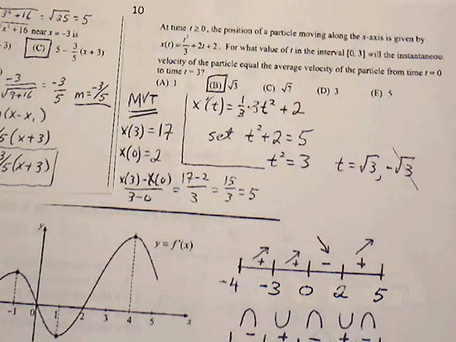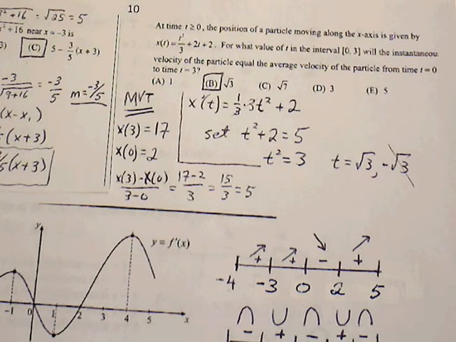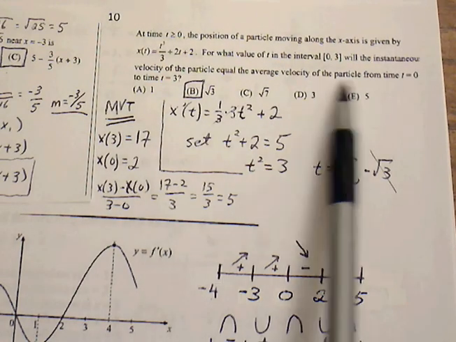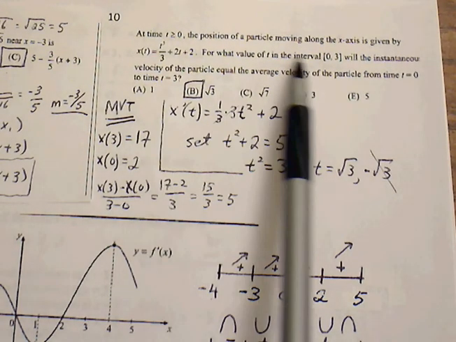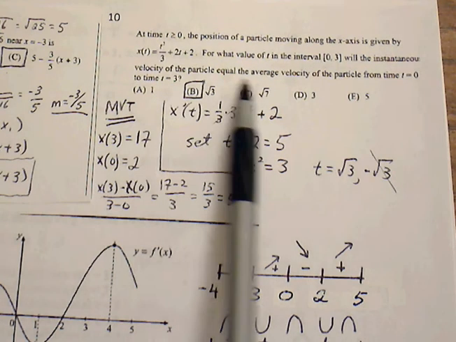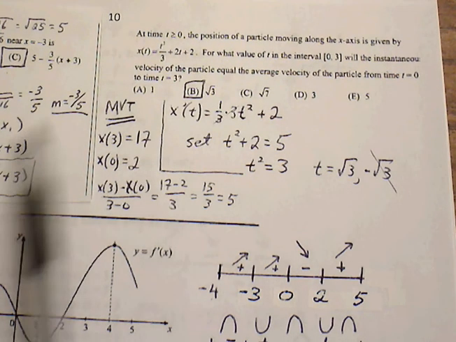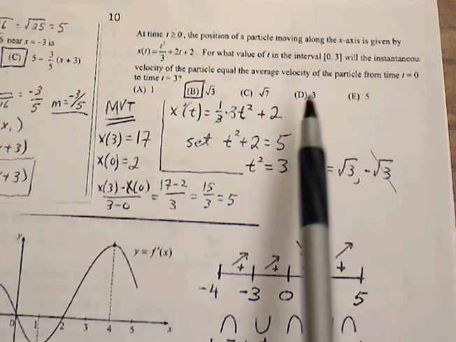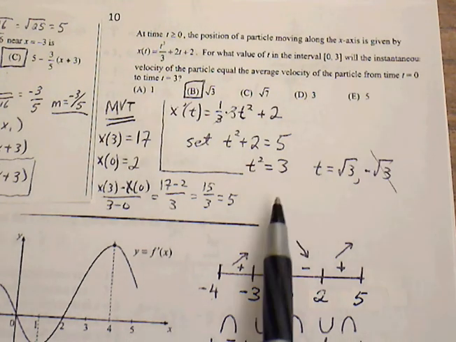Okay, number 10. At time t greater than 0, the position of a particle moves along the x-axis given by x of t. For what value of t in the interval from 0 to 3 will the instantaneous velocity equal the average velocity of the particle from 0 to 3? So if you look at the wording here, this is referring to mean value theorem, right? So mean value theorem, we need to find the derivative, and then we also need to find the average slope.